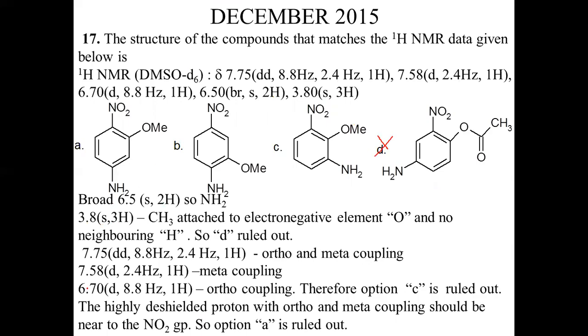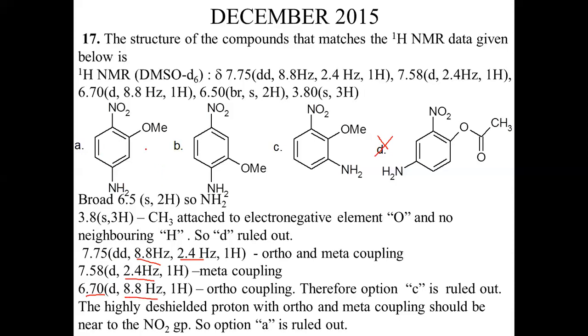Now, 7.75 is a highly deshielded one. It is for one hydrogen, which is a doublet of doublet, and it is coupled by ortho, 8.8, and meta, 2.4. Next, you have 7.8. Here it is a doublet, with only meta coupling, since 2.4. And 6.70 is 8.8, only ortho coupling.